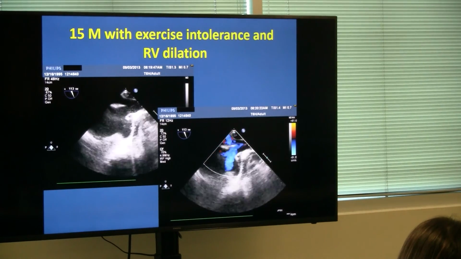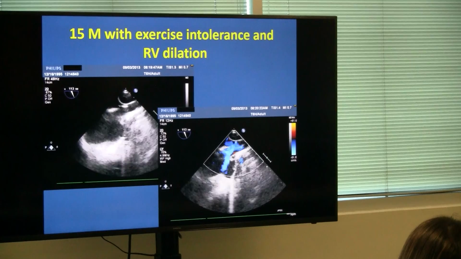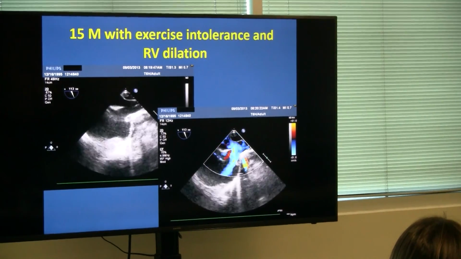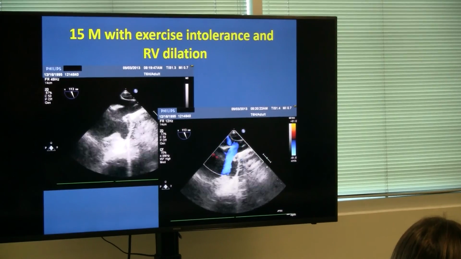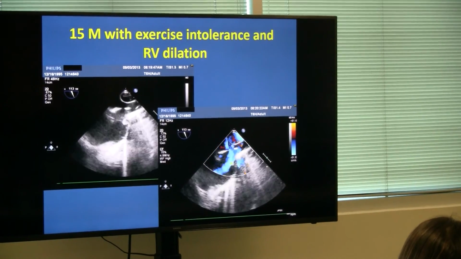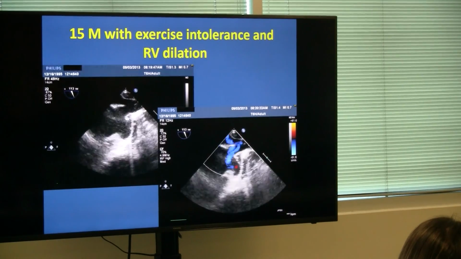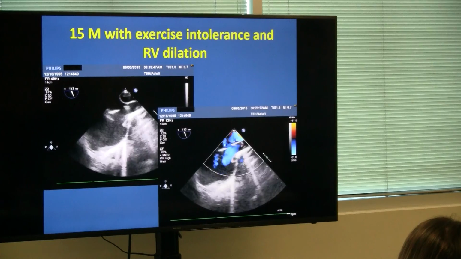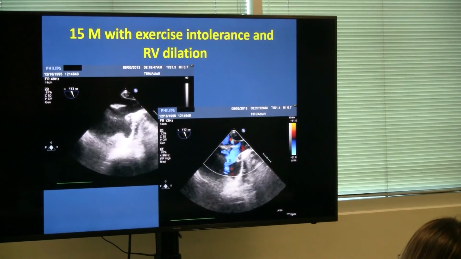And then another patient, a 15-year-old male with exercise intolerance and RV dilatation. This is a transesophageal echocardiogram, bicaval view, pulled up. You can see that there is a defect over there, and this is how the sinus venosus atrial septal defect presents, and there is shunting across it.